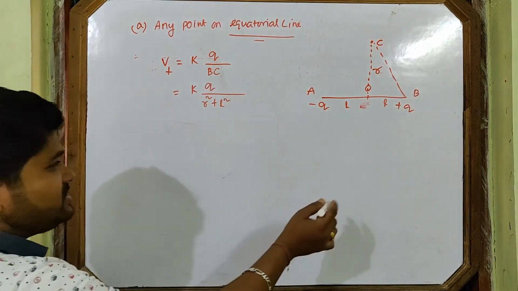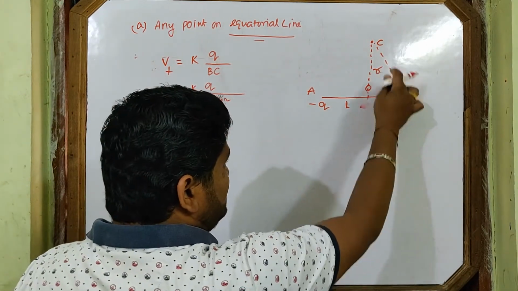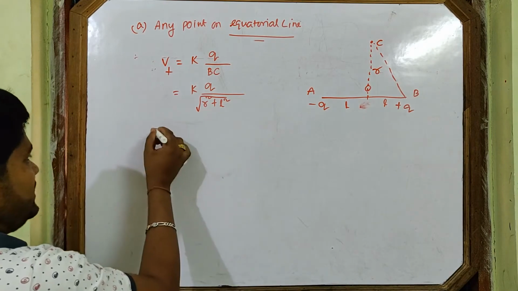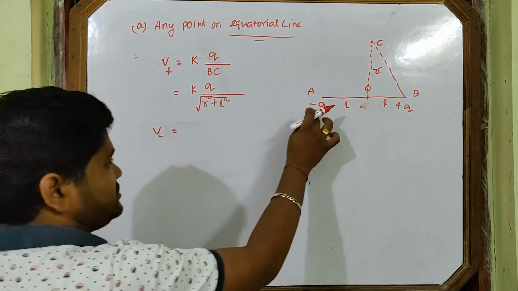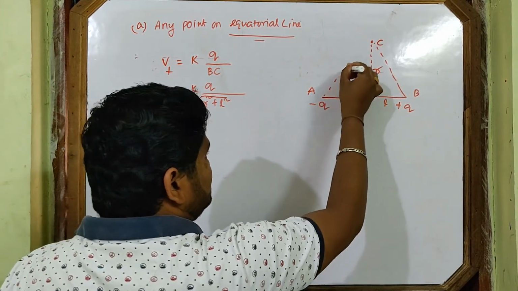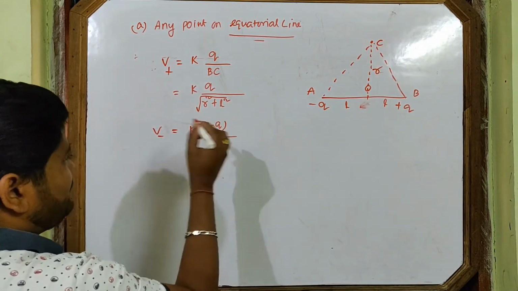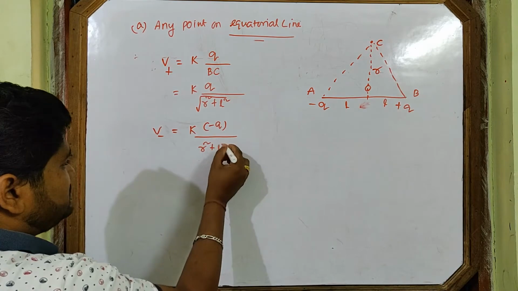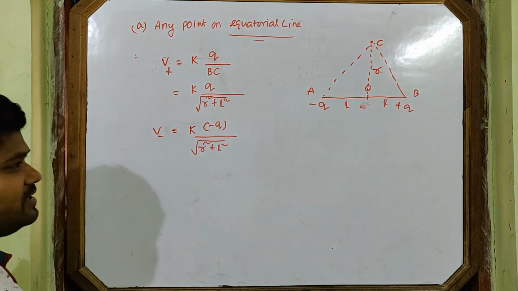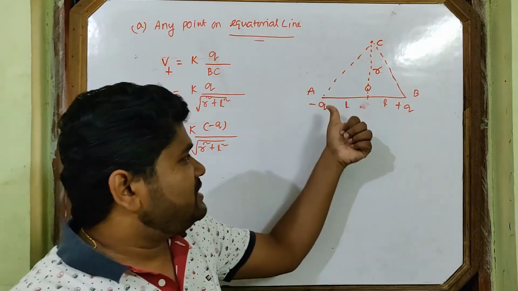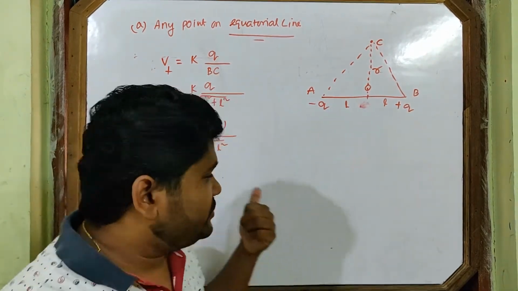Root over R square plus L square. Here is R, here is L. Use Pythagoras theorem. Then for minus Q charge, here this distance, V minus is K minus Q by root over R square plus L square. Same thing, this is AC. So root over R square plus L square, simply by Pythagoras theorem.